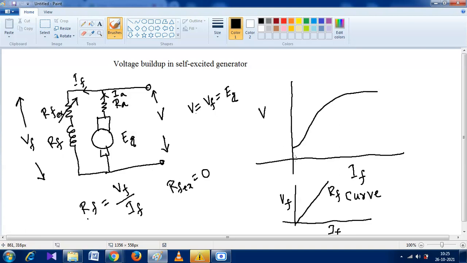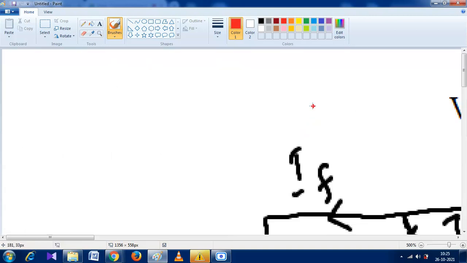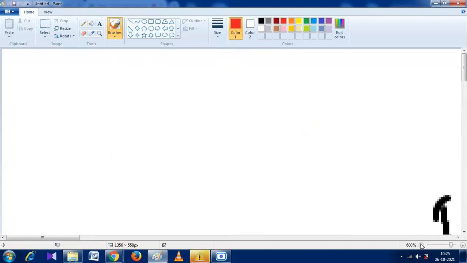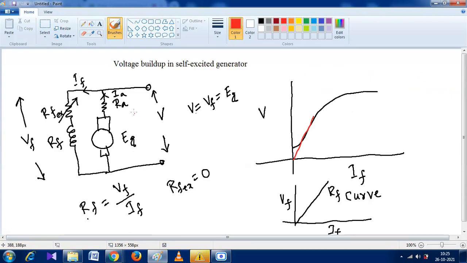So if we plot this same curve, it's like that.